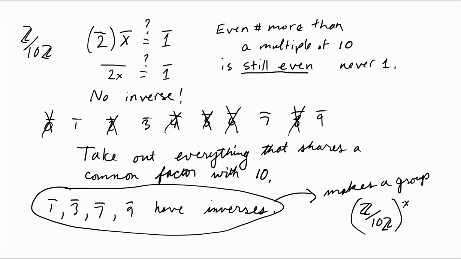You can think of it as a little times symbol, but it pretty much just means take out everything that doesn't have an inverse, and you'll get a group. And so that's what we're looking at right here.